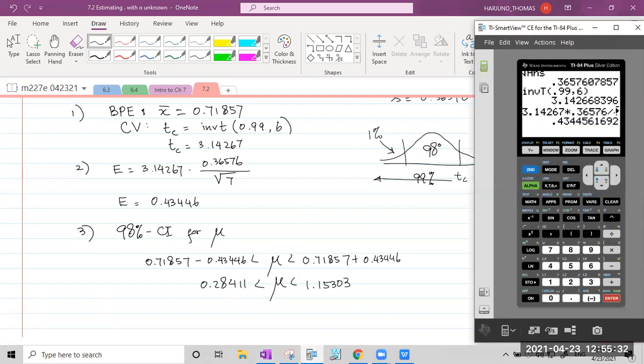To confirm, you go to stats, test, T interval. Now you use the data from list number 2. Okay, the frequency is 1. The confidence level was 98%, 0.98.